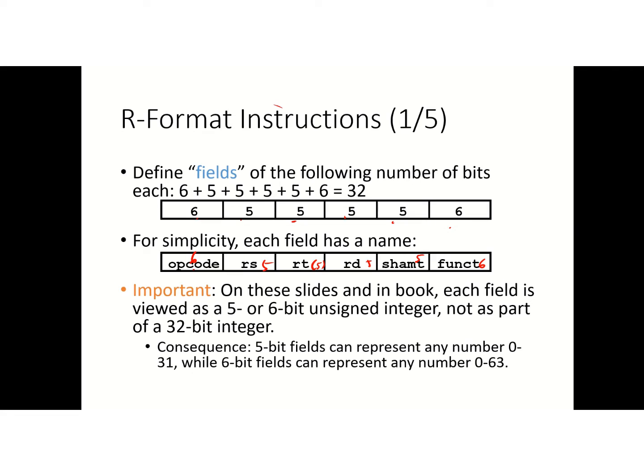When you add it together, you get 32 bits. It is important that on this slide and in books, each field is viewed as a 6-bit unsigned integer, not as part of a 32-bit integer. The consequence is that 5-bit fields can represent any number from 0 to 31, while a 6-bit field can represent any number from 0 to 63.